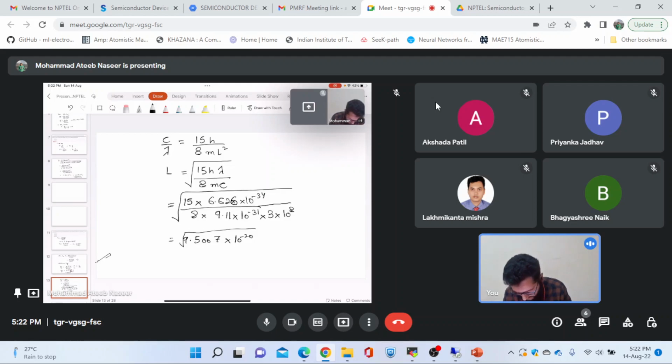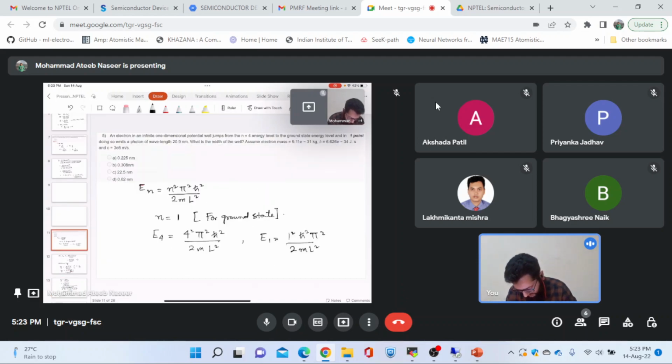If we now take the square root of this, we will get it to be equal to 3.08 into 10 raised to power minus 10 meters. This will be the width.